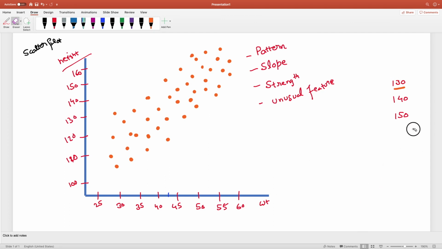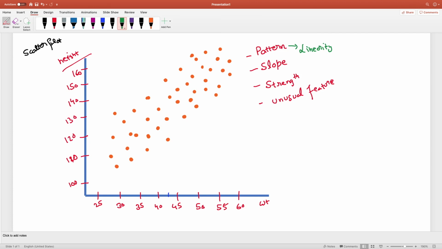Now what I want you to understand is that we want to pick up anything in this regard only. So we want to find out the pattern, and on the basis of the pattern we want to find out if there is any unusual feature. So first thing first is linearity, right? In a pattern, the major thing we want to understand is linearity. Okay, and linearity could be of various types.